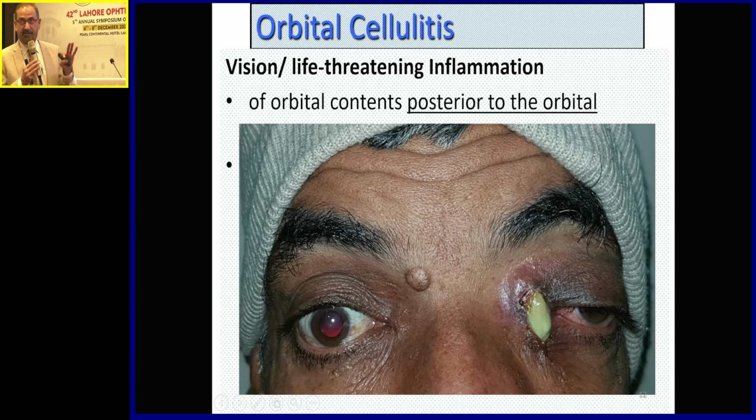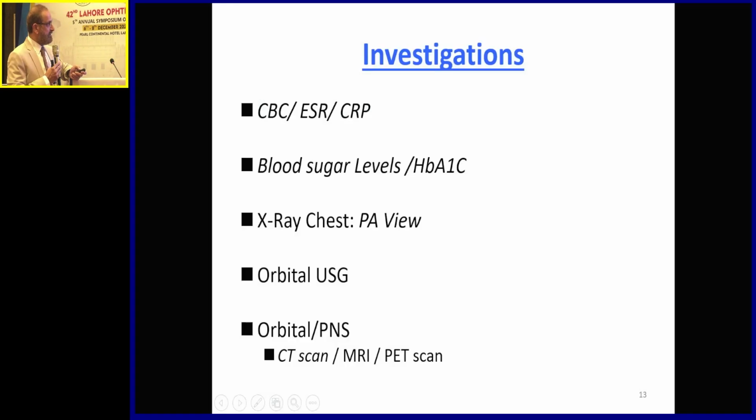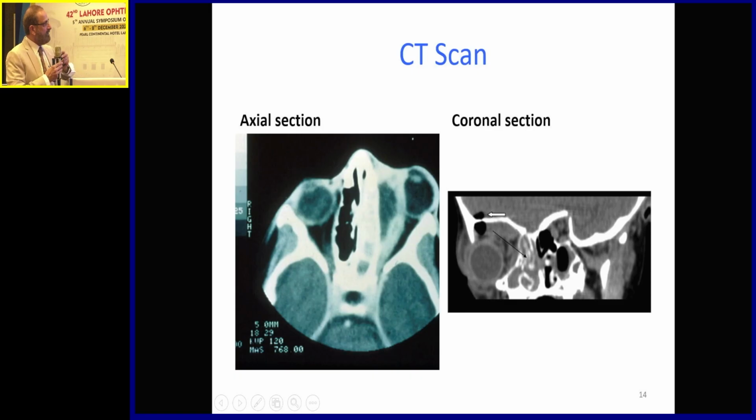These are the situations where you really need an admission, because now most of ophthalmic service has gone into daycare surgery, but immediately admit these patients and go through all these investigations, especially the CT scan. And if you find an abscess, along with the ENT colleague, you can drain the abscess and the recovery is remarkable.